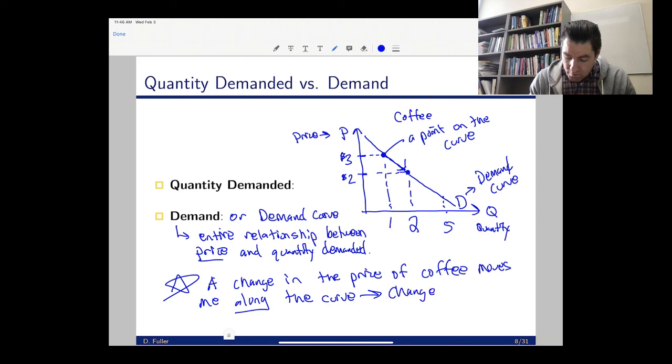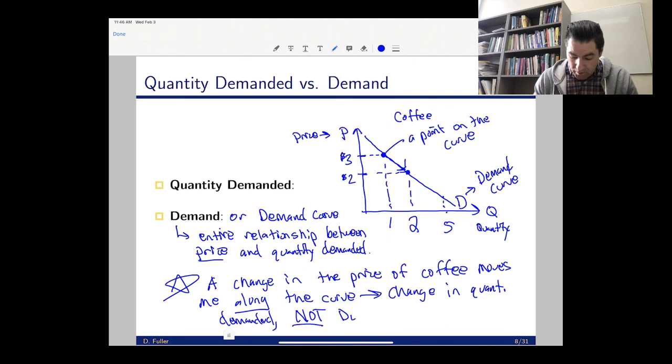A change in the quantity demanded, not demand. We'll cover in the next learning objectives what it means for demand to change: an entire change in the curve. At every price, I'm willing to buy more or less is a change in demand, as opposed to moving along the curve, a change in quantity demanded.